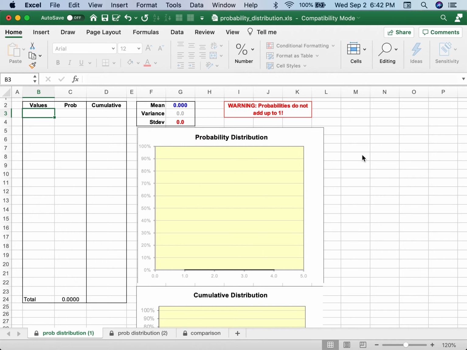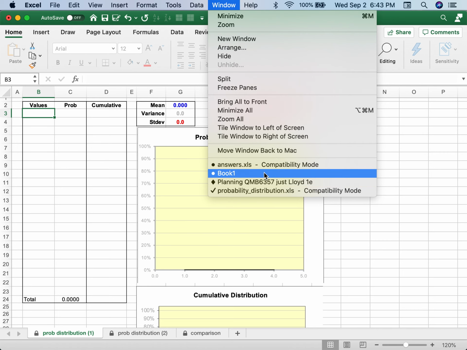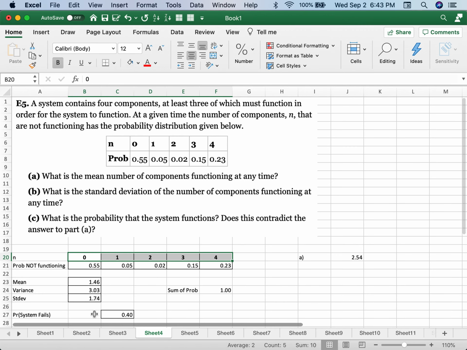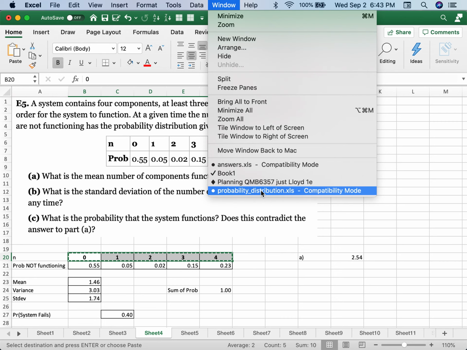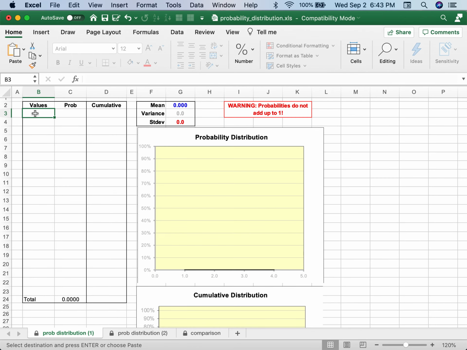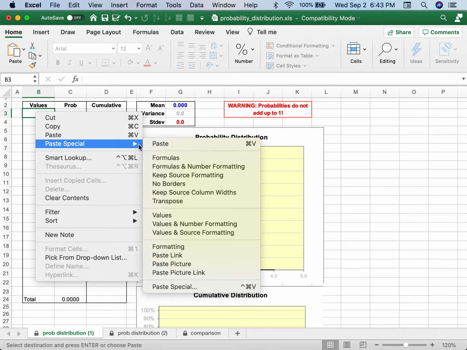Well, it lost the fact that I still have them there. So let me go back to the other document, book 1. Select these, copy, and then go to the template.